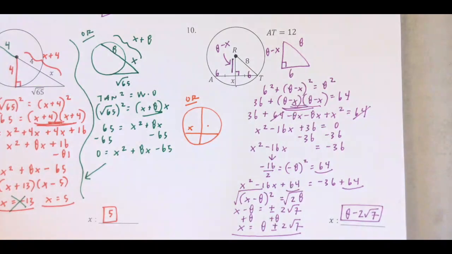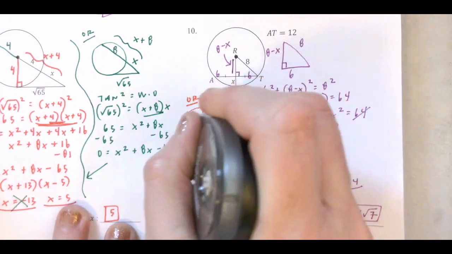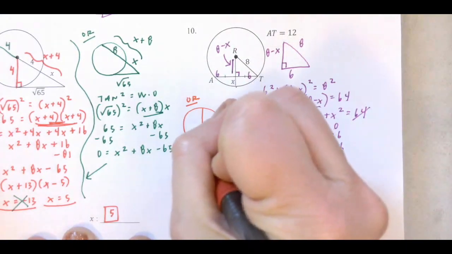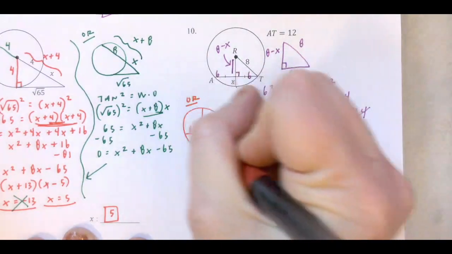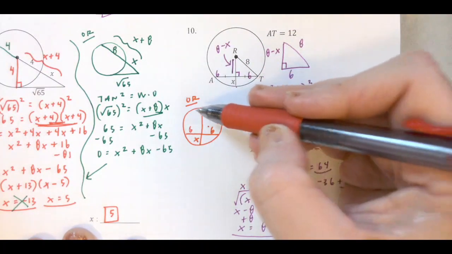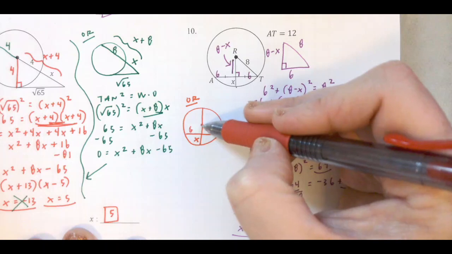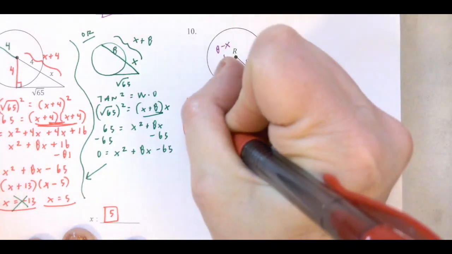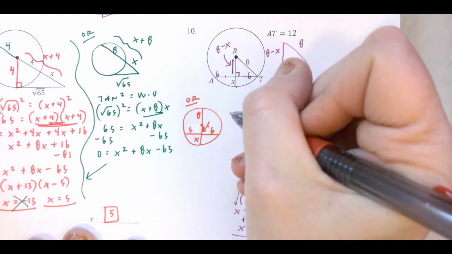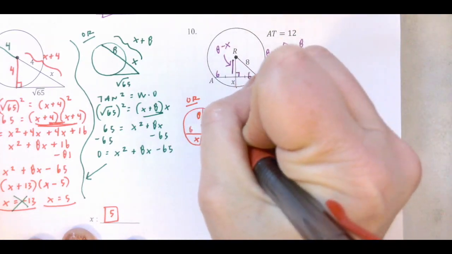X is right here. This is 6 and this is 6. And then this whole portion to where the center is, this was 8. This part here was 8 minus x.